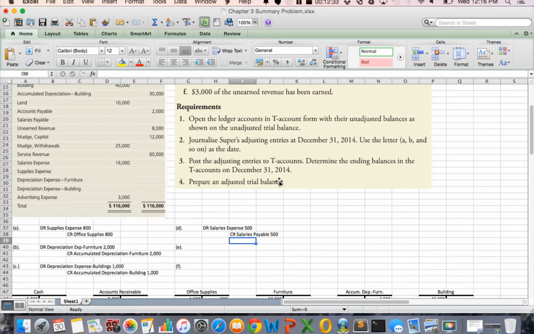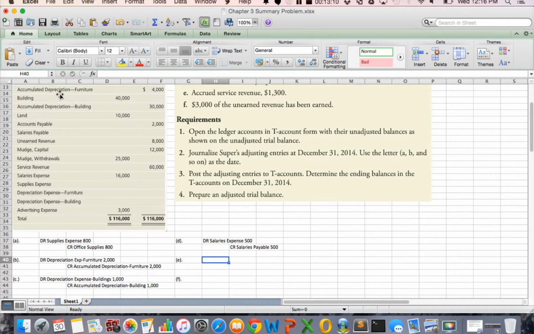And if you did this problem and put accounts payable there, we do have an accounts payable account in here. So if that's the one you use instead of salaries payable, well, it's not the most correct answer because there is a salaries payable account, but I probably wouldn't take any points off for that. As long as you had the expense account and the payable account in that format, I would probably let you have that. Okay, but just know that if they do list a specific account that specifically talks about salaries, then that's probably the one that we're going to use.